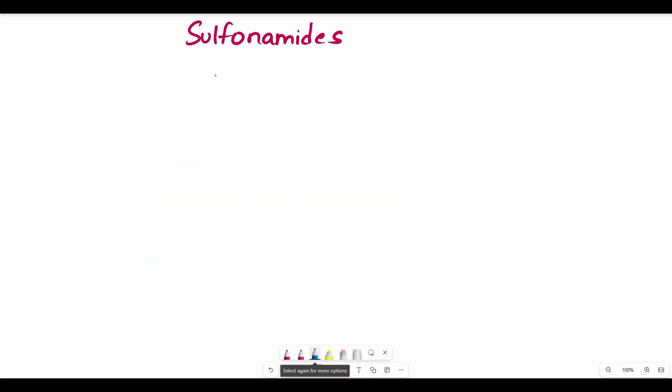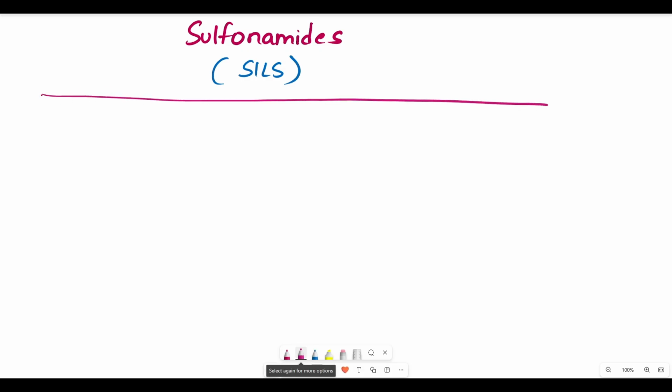So, first of all, to remember the subclasses under this sulfonamides classification, just remember SILs. Sulfonamides subclasses, SILs, where S means it is the first class, which is short acting. I means it is the second class, which is intermediate acting.